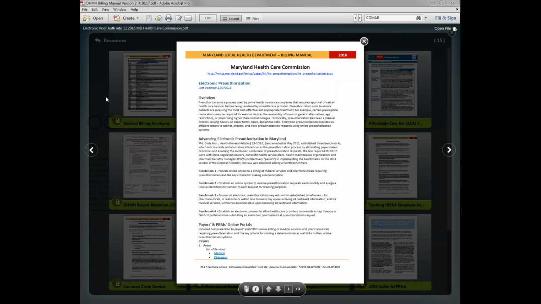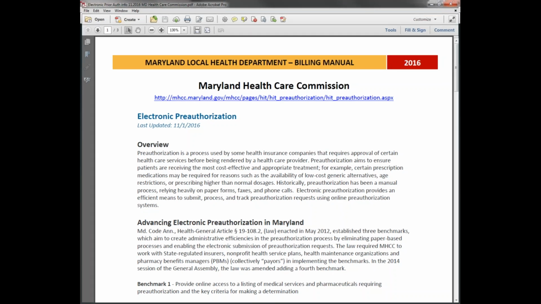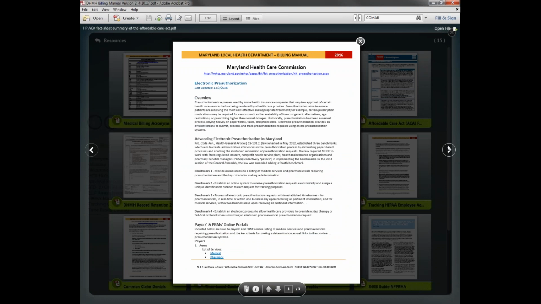It's becoming an issue with some of the payers wanting authorizations and pre-authorizations for services. So this just gives you a little bit of information about that. A lot of the payers are allowing you to do it electronically. So this is an outline from the Maryland Health Commission regarding that issue.